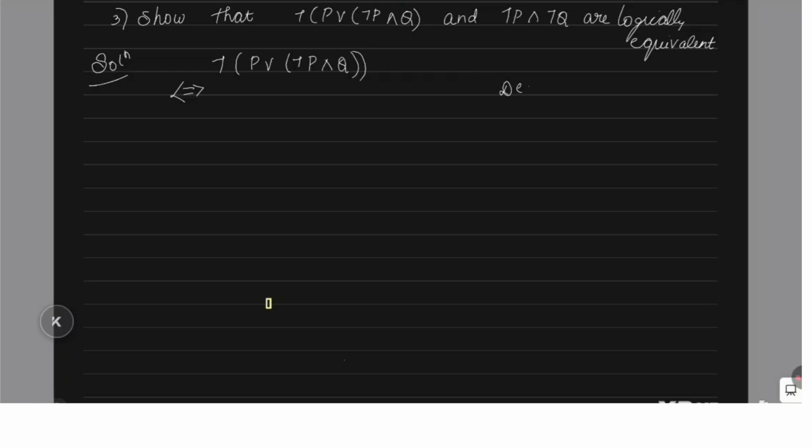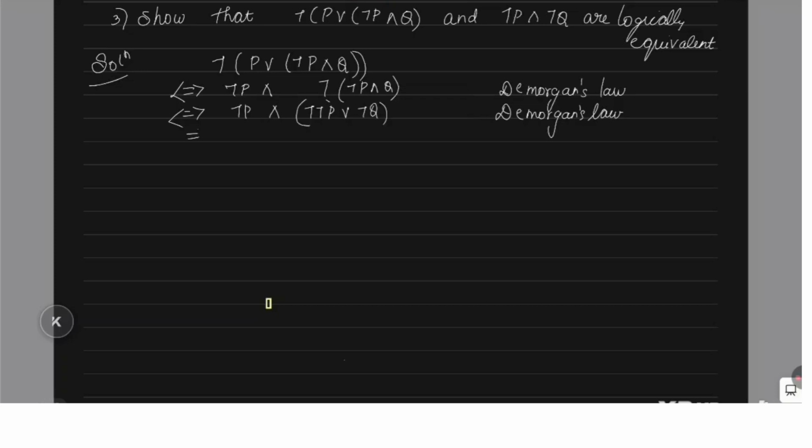So it will be not P and, since or becomes and, not of (not P and Q). Now again you bring this not inside, using De Morgan's law, so it will be not P and (not not P or not Q).